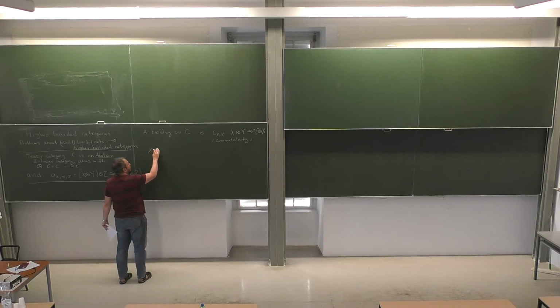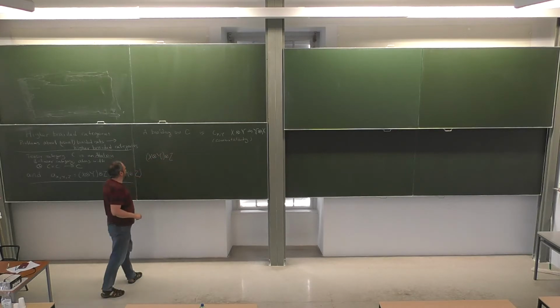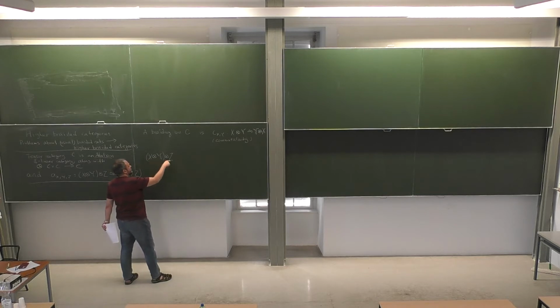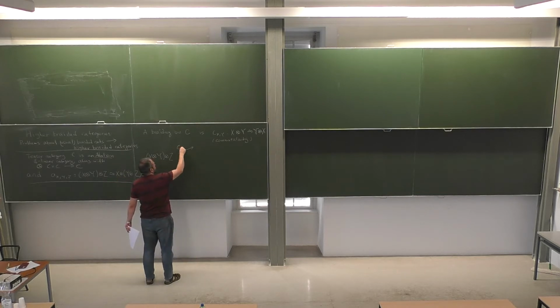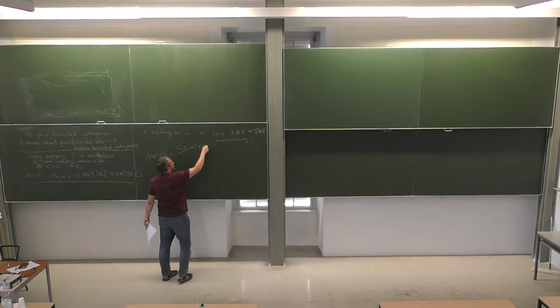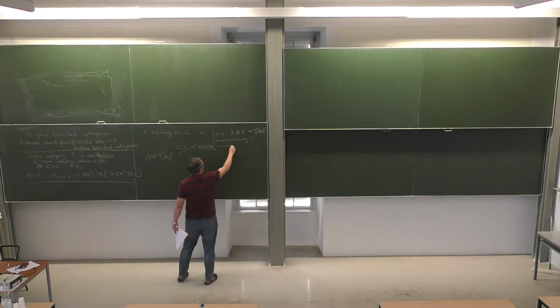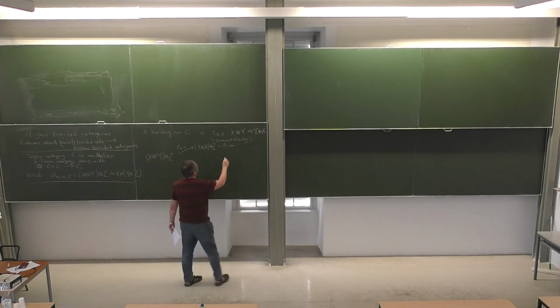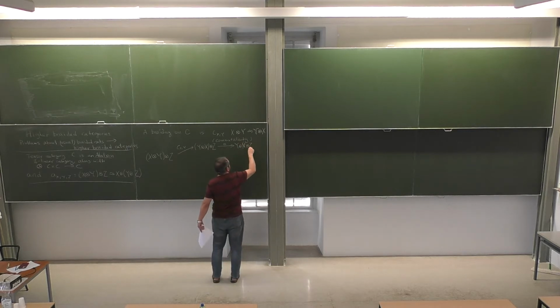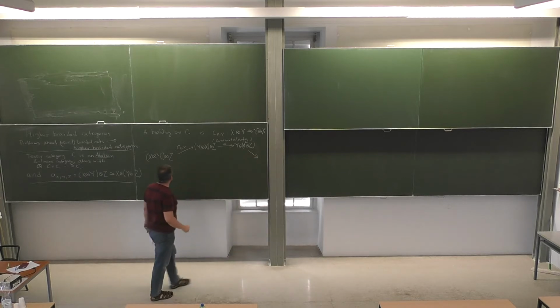If you have X tensor Y tensor Z, our goal is to permute X with the product of Y and Z. What we can do first is to permute X and Y. This would take us to Y tensor X tensor Z. Then we can apply associativity and shift the brackets. And then we can permute X with Z.